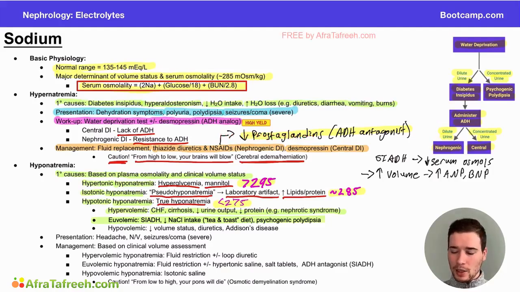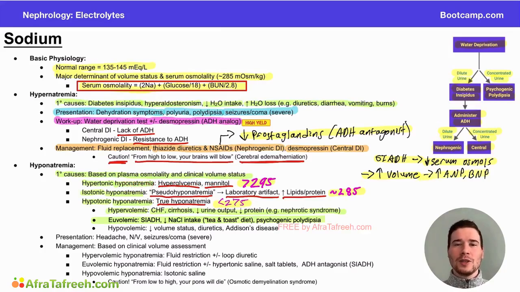So in SIADH, we will have an increased release of antidiuretic hormone. This is going to cause a decrease in our serum osmoles in our body because we're continuously bringing back free water without an associated solute. So this is going to dilute what our body has, and thus it decreases our osmoles. This is going to be sensed as an increased volume status in various areas, including in the heart, where our body will act to counteract this, again, trying to maintain homeostasis by releasing more ANP and BNP.